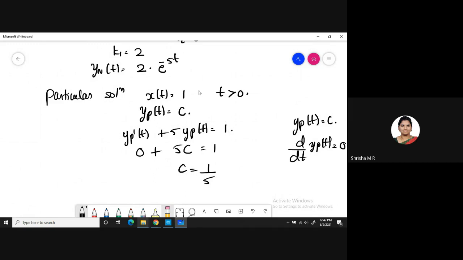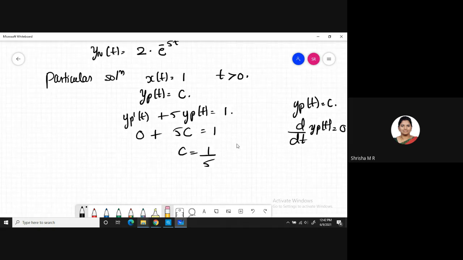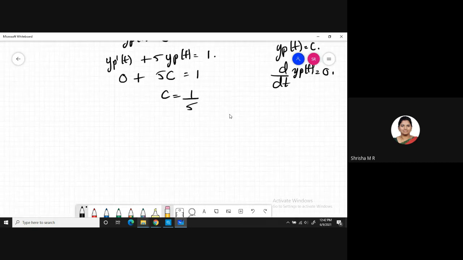Because yp of t is a constant, its first differential is 0, so 0 plus 5c is equal to 1. So c is equal to 1 by 5. Got it, everyone?